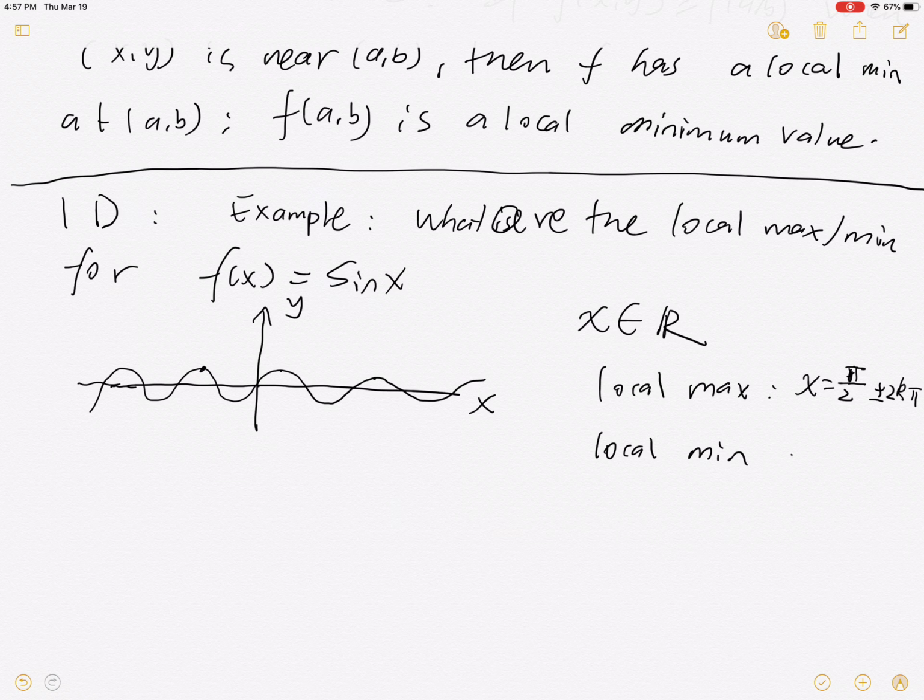And correspondingly, for local minimums, you will have this point, this point, this point, etc., and they will be negative pi over 2 plus or minus 2k pi. K is just integers, positive integers. Sorry, you start from 0.